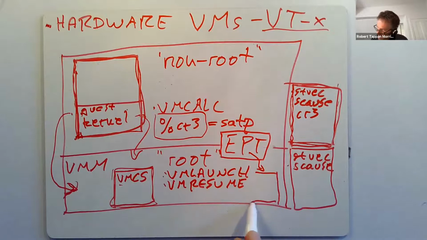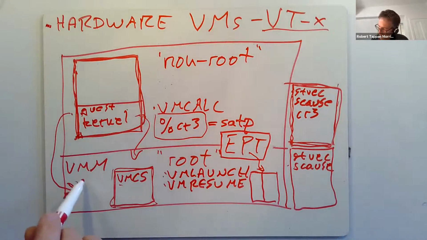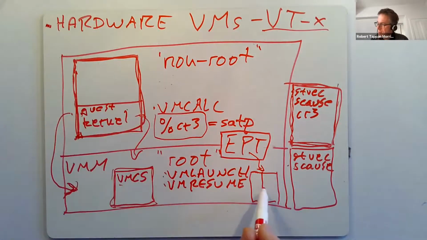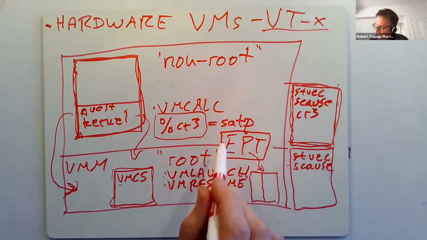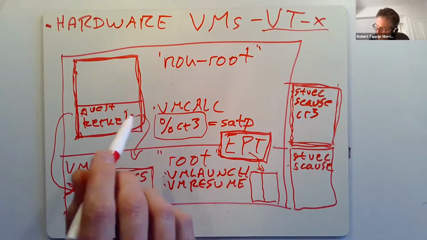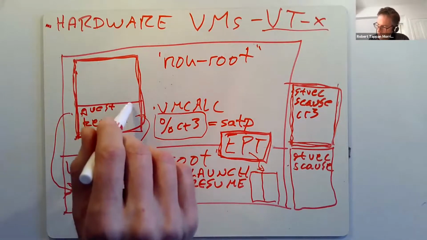That maps one kind of address to another kind of address. And when the virtual machine monitor is about to run a guest kernel, it sets up an EPT for that kernel, tells the hardware, look, here's the EPT for the virtual machine I'm about to run, and then jumps into the virtual machine.